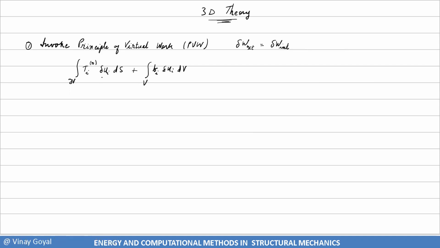That's external forces, obviously, Bi, and then tractions applied here, for example, Ti. And I also could have accelerations acting on the body as well: minus the integral of rho ui double dot del ui dV.